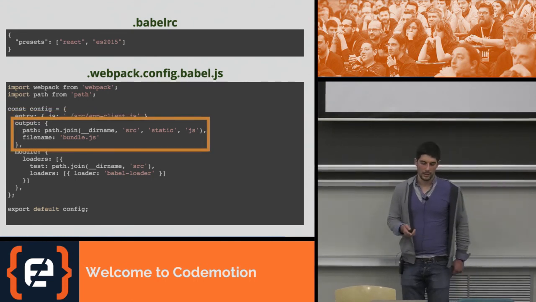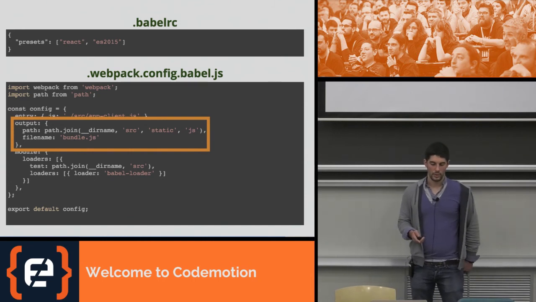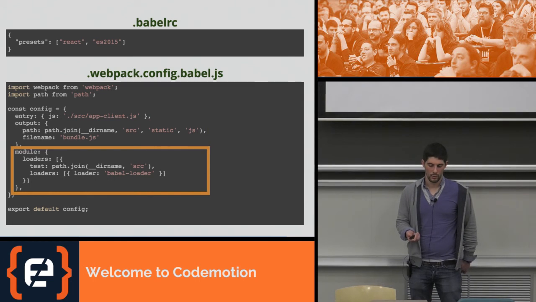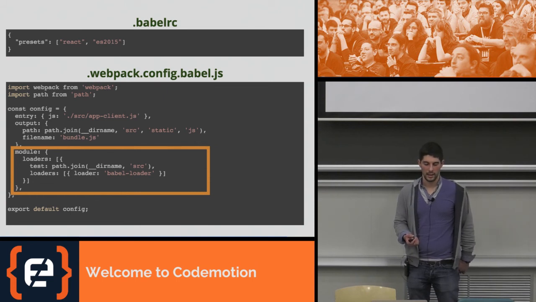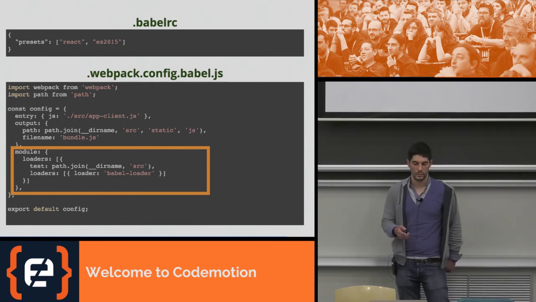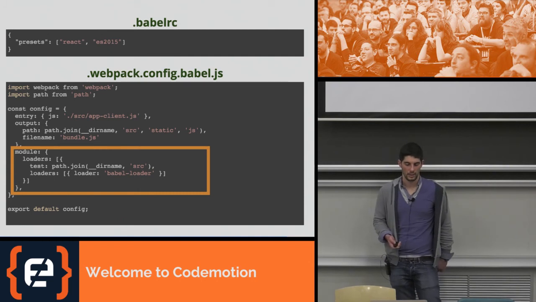We are going to tell Webpack to store the file in a specific folder, and then we are going to tell Webpack to invoke the Babel loader every time we find a file in our source folder. And this is going to actually trigger the Babel conversion from React and ES2015 to plain JavaScript code.